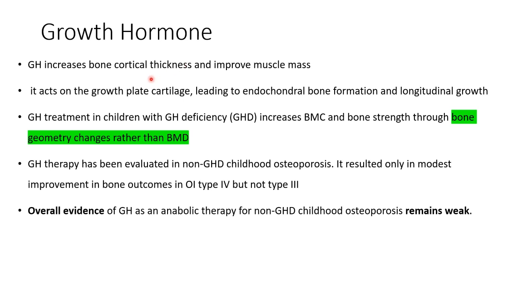Studies have shown that it increases the bone cortical thickness and improves the muscle mass. It acts on the growth plate cartilage, leading to endochondral bone formation and longitudinal growth. Growth hormone treatment in children with growth hormone deficiency increases the bone mineral content and bone strength through bone geometry changes rather than BMD.